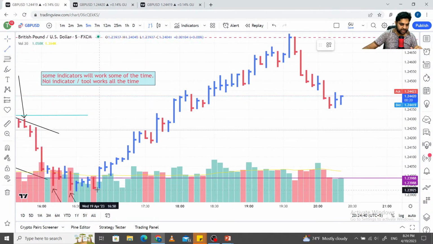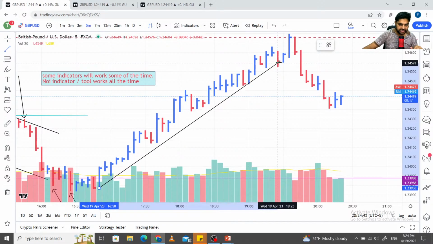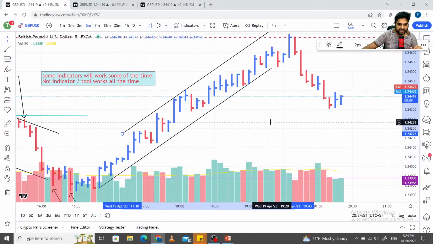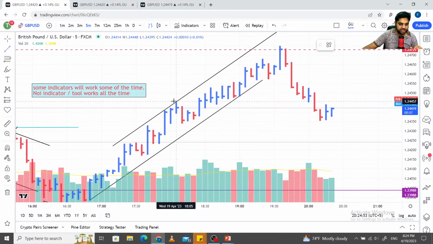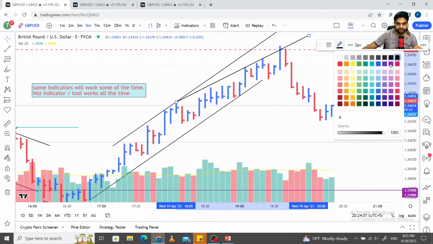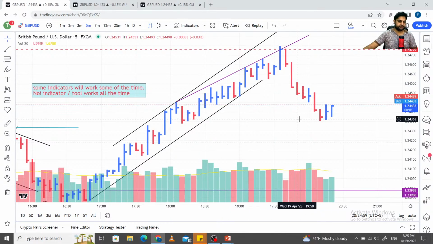And you can also draw a trend channel like this, just like this, and clone it and put it on the other side, and you will also see the SOT line. Very simple.